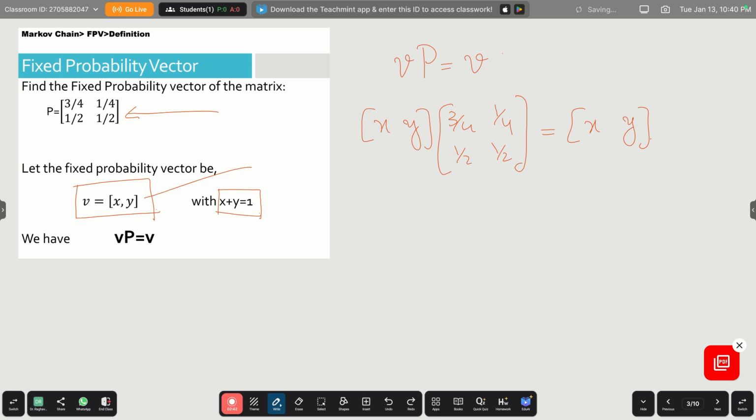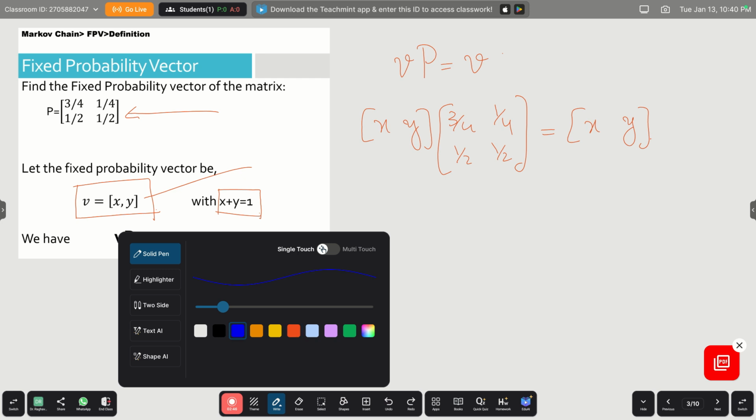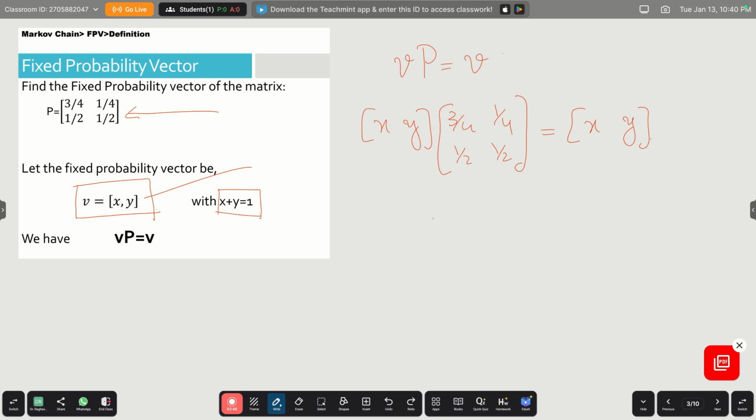Now let us multiply the matrices on the left hand side. XY is the first matrix, and the second matrix is this 2 cross 2 square matrix. When I multiply V to the first column, which has the numbers 3 by 4 and 1 by 2, I get 3 by 4 x plus 1 by 2 y as my first component.